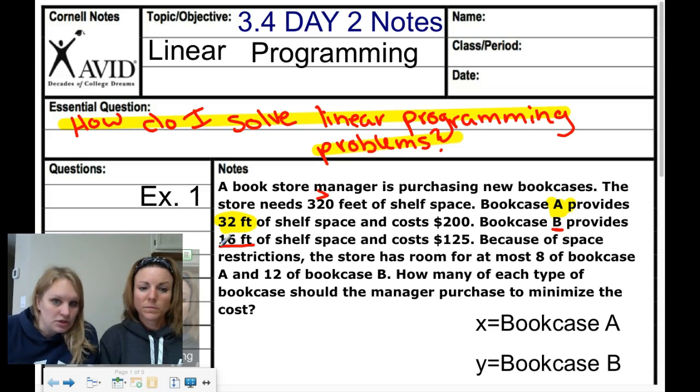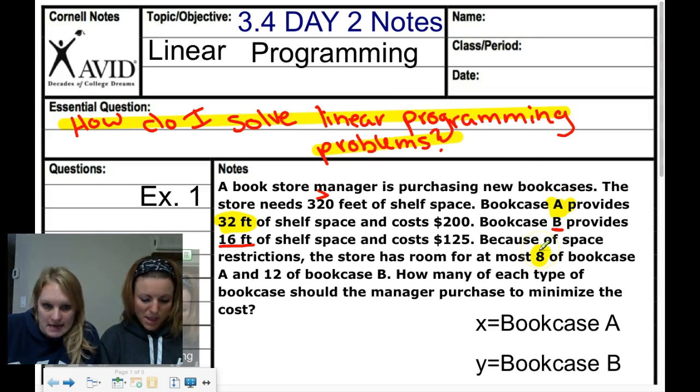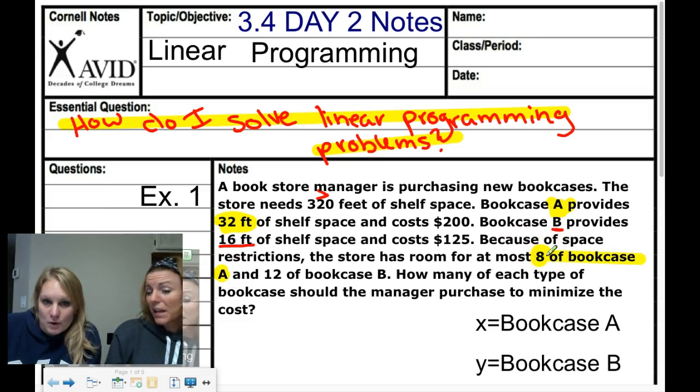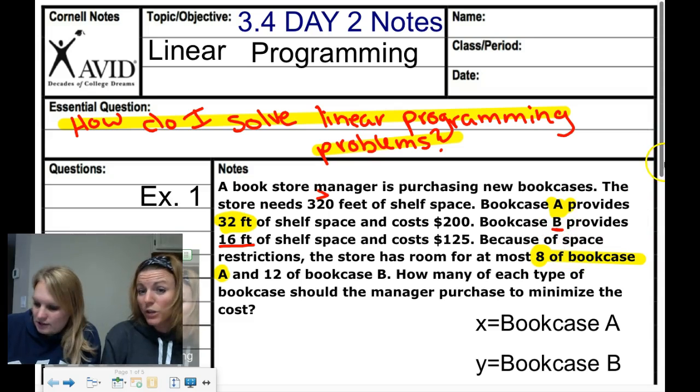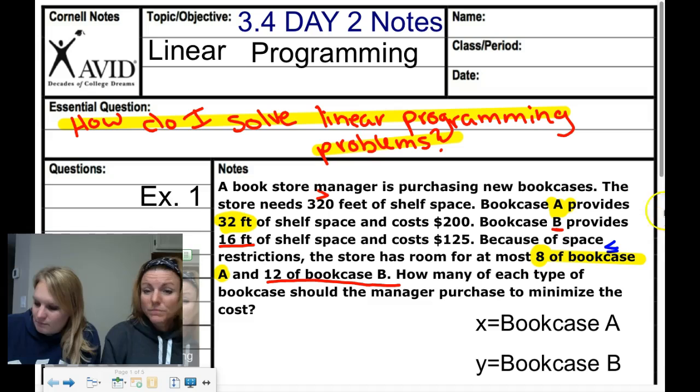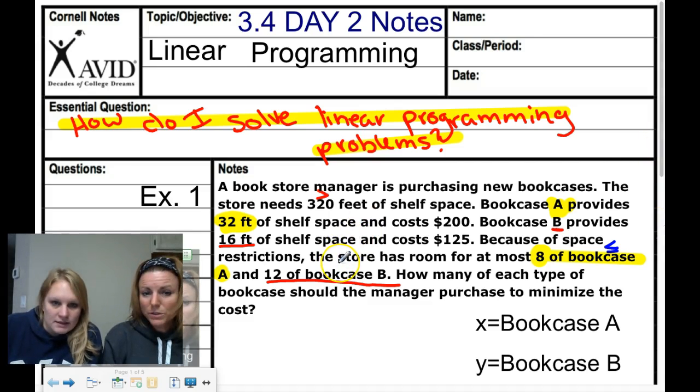Because of space restrictions, the store has room for at most 8 bookcases for A. At most, that would be less than or equal to 8. And then at most again 12 for bookcase B. So that's also a less than or equal to.